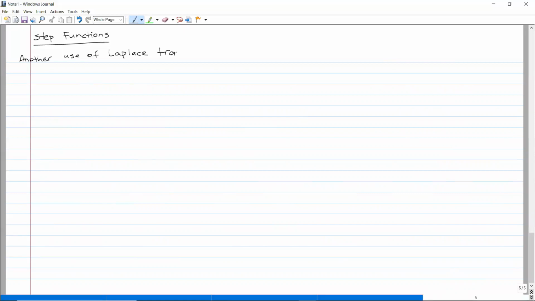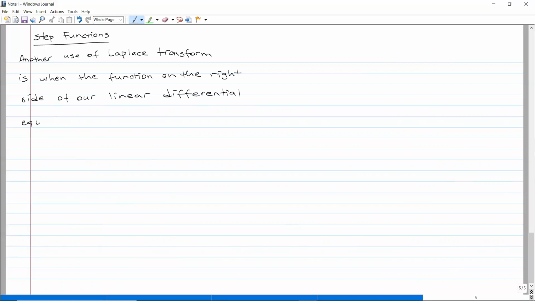Another use of Laplace transform is when the function on the right side of our differential equation, of our linear differential equation, has discontinuities.